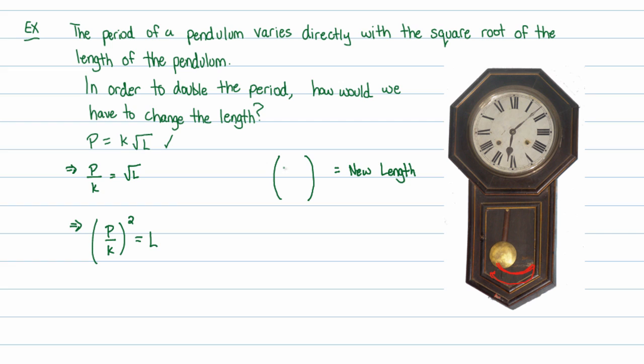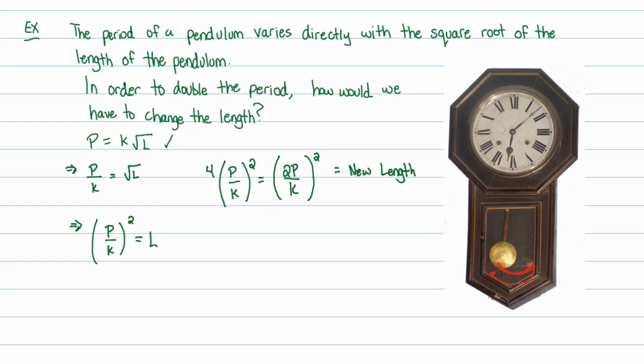And what we're going to do is double the period. If you take a look at this, well, 2 squared is 4. And I'm not going to square the P or the k yet. I'll just leave the P and the k inside the parentheses. But you should be okay with me saying, well, 2 squared is 4. I'll just pull that out front, and then leave the P over k still inside there.